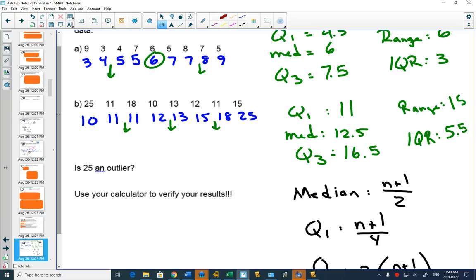Does it ever work out that you could have quartile 1, the median, and quartile 3 all be nice numbers? Yes. Let's say I had 7 terms. 2, 4, 6, 9, 11, 14, 17.